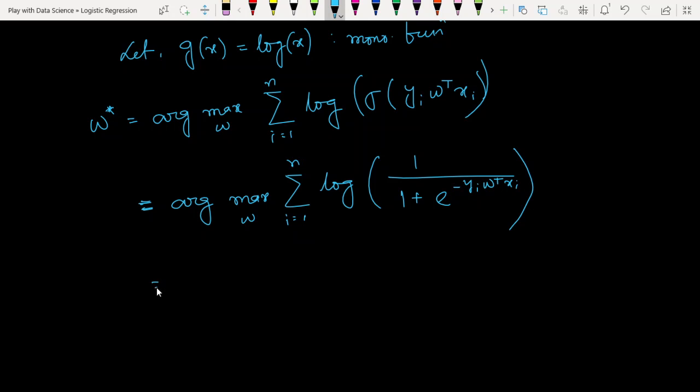And we know that log of 1 by x is equal to minus log x. This is the simple formula. So if we apply this formula here, what do we get?